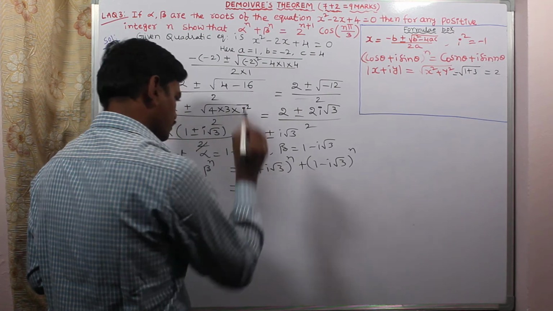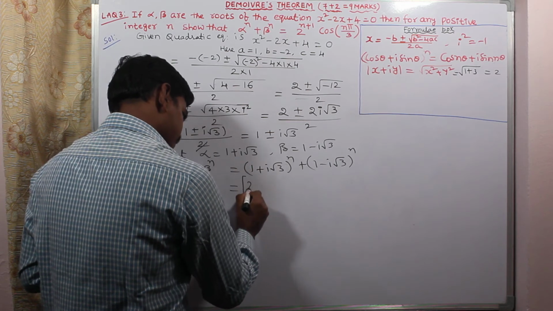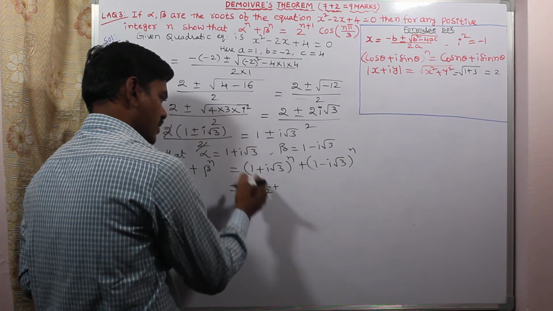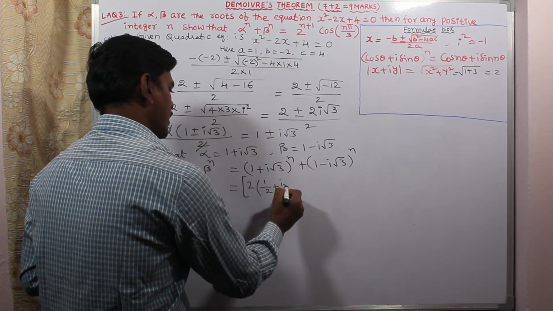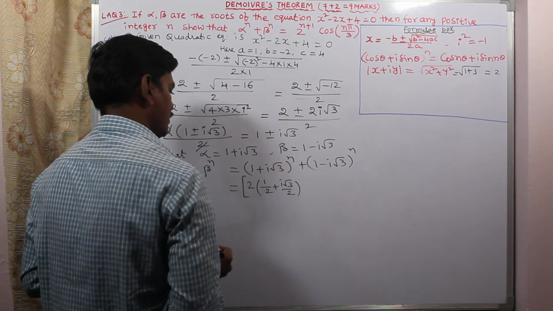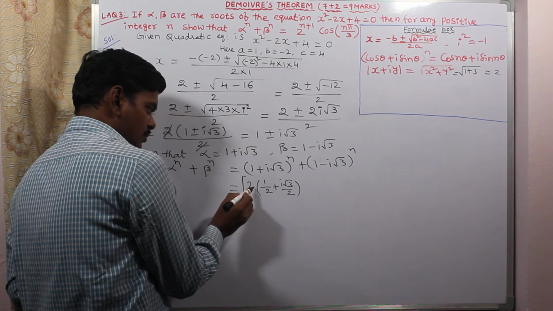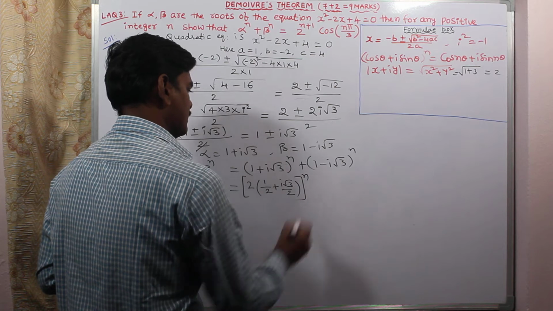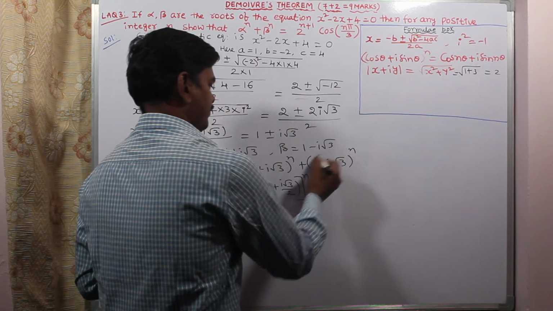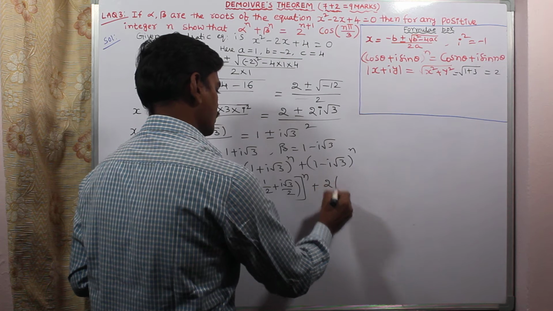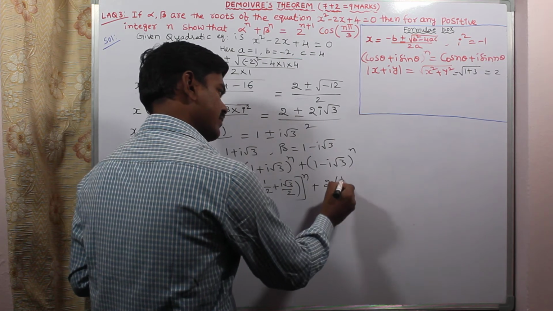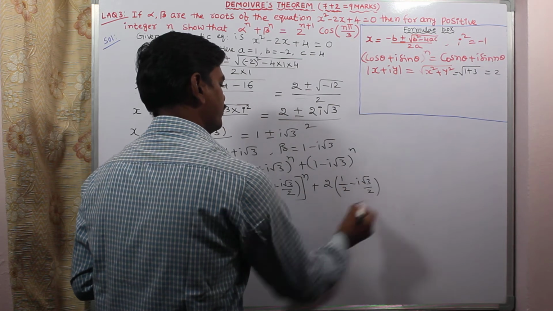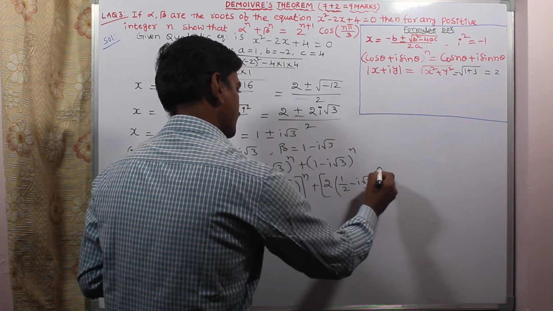Now I would like to multiply at a time, and divide individually. So dividing 1 by 2 as well as iota root 3 by 2, multiplied by 2 and divided by 2. Let us write the whole power n as it is. Plus, same here also, multiplying by 2 at a time, dividing individually: 1 by 2 minus iota root 3 by 2, whole power n.